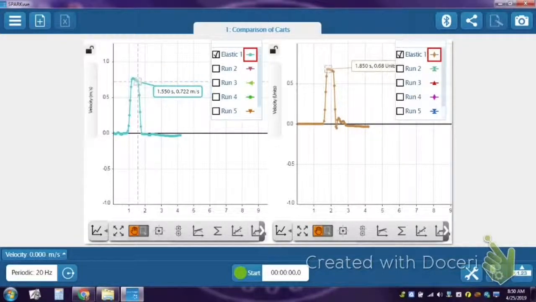And again, not the very height of the peak, but just before it dips back down, because that first peak is me pushing it to its speed, and then it coasts for a little bit, and then just before it drops back down to 0, that's what I'm seeing as just before it collides.